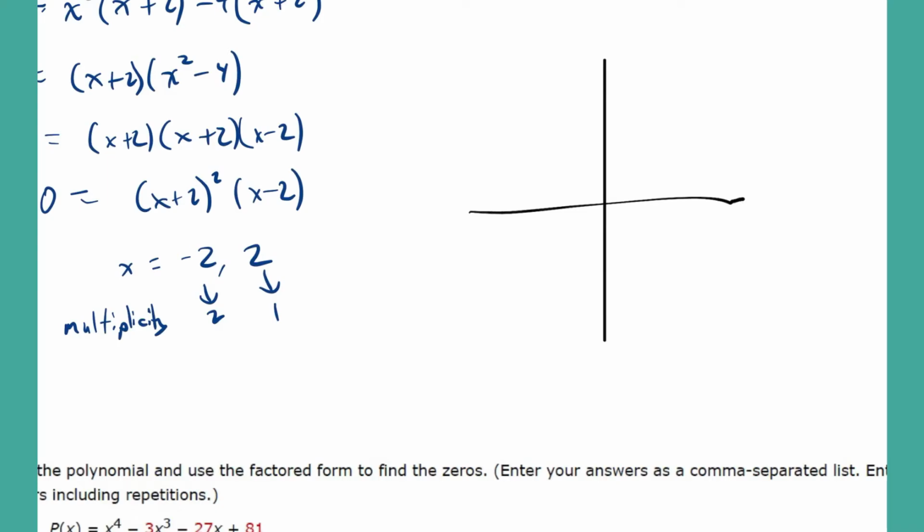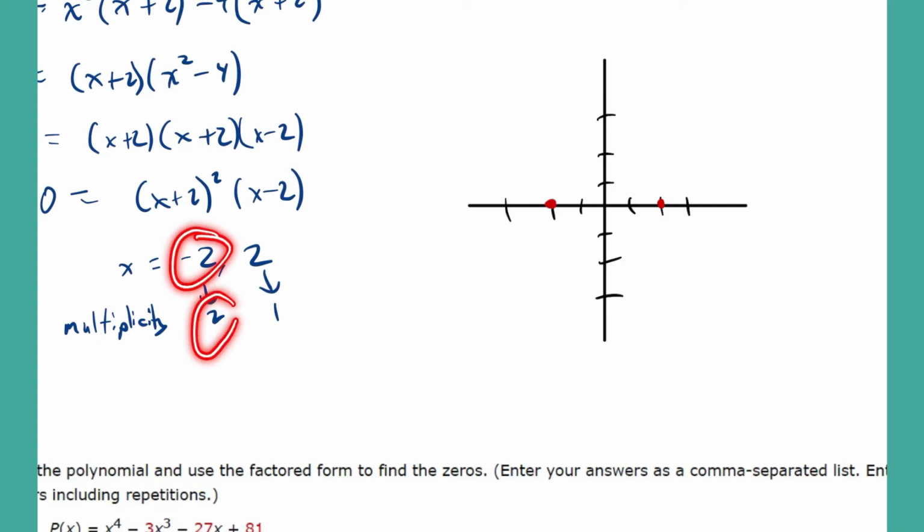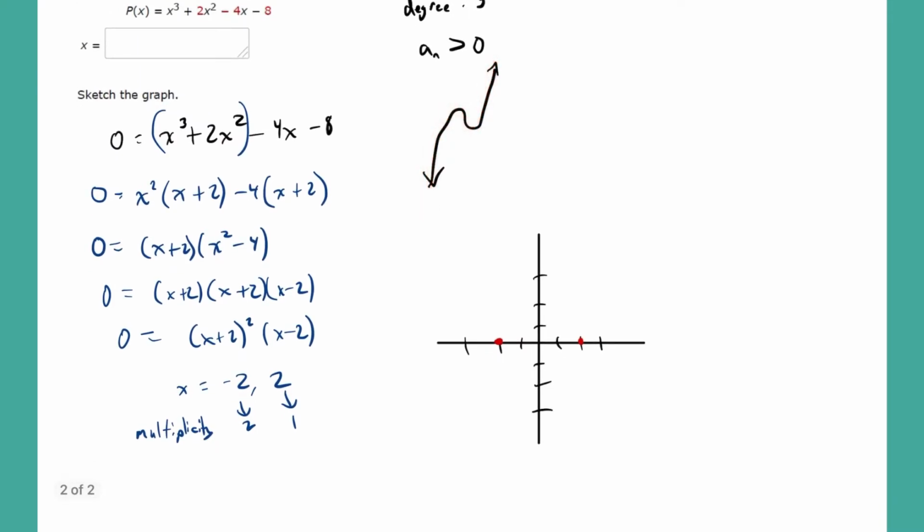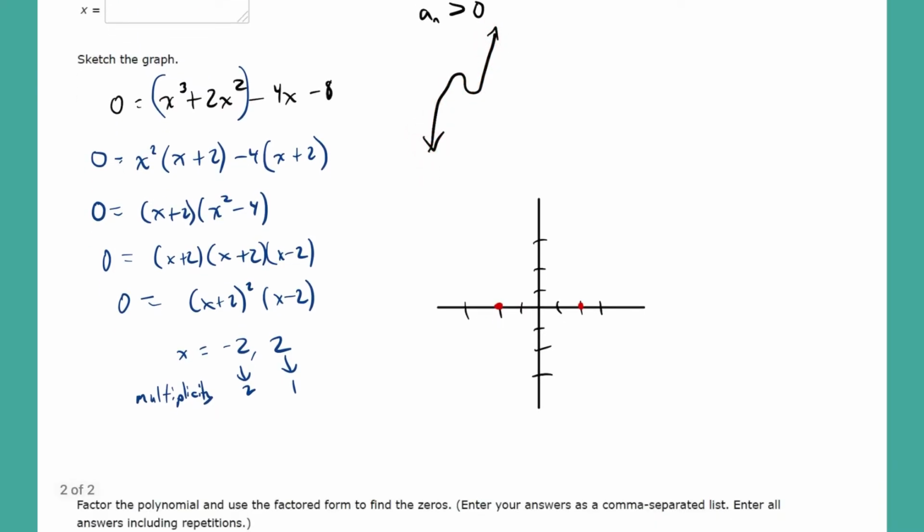So let's go ahead and graph or sketch. So our zeros are 2, -2. And remember, at -2, we're going to touch and turn, and the general shape is going to look like this.